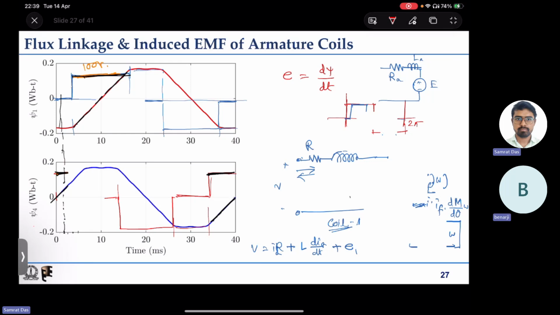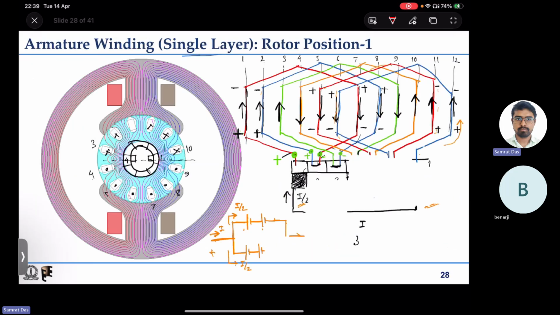Anyway, that we'll discuss later when it comes. It will become clear when we understand what is the equivalent circuit of the armature winding plus commutator plus brush. There some of the coils will come in series, some of the coils will come in parallel.